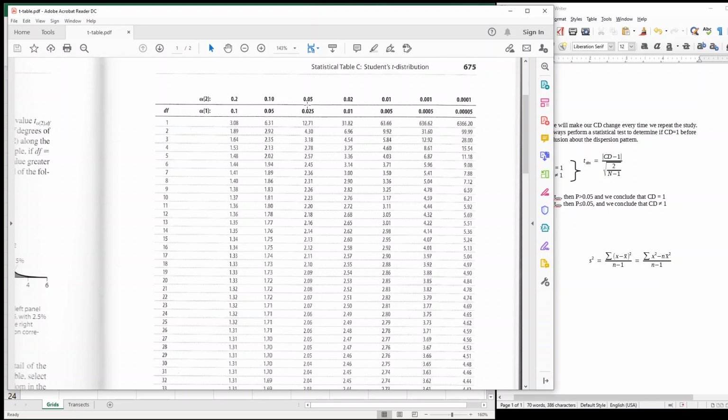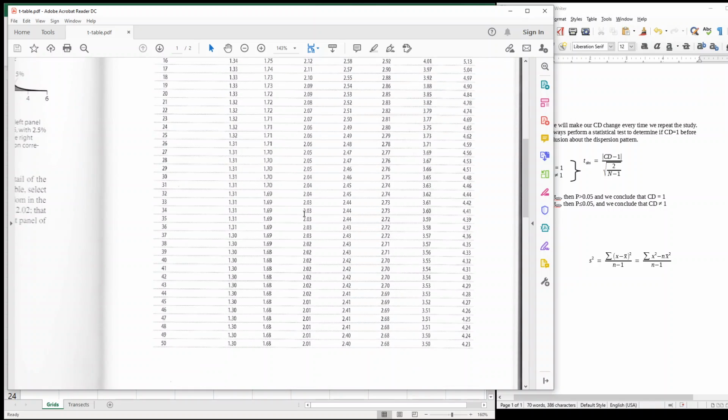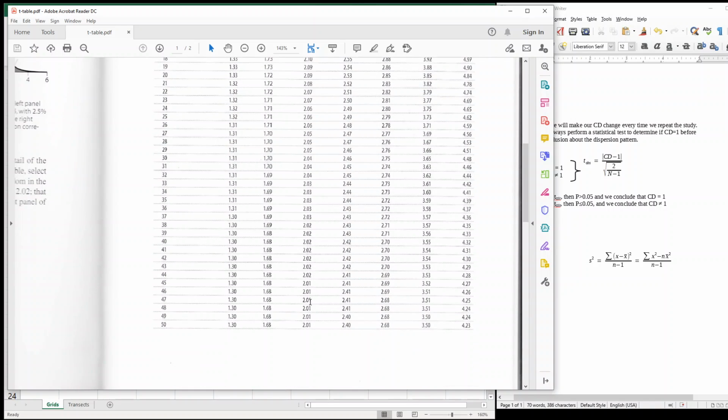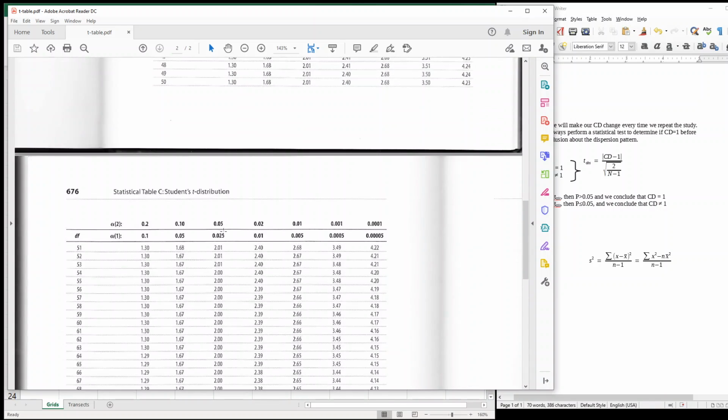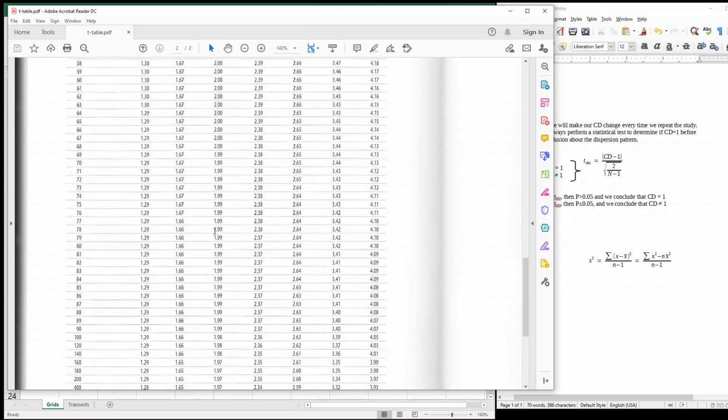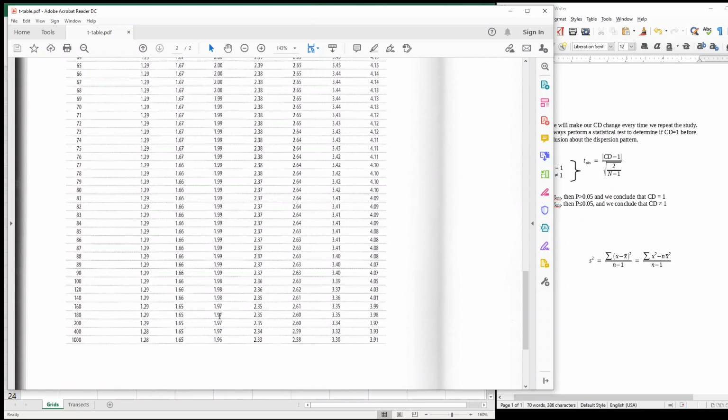So what we want to do is read down this column until we get to our appropriate degrees of freedom. So I continue on to the next page, keep reading down, and I get to this area. So we have degrees of freedom go 200 and then it jumps to 400. What do we do?